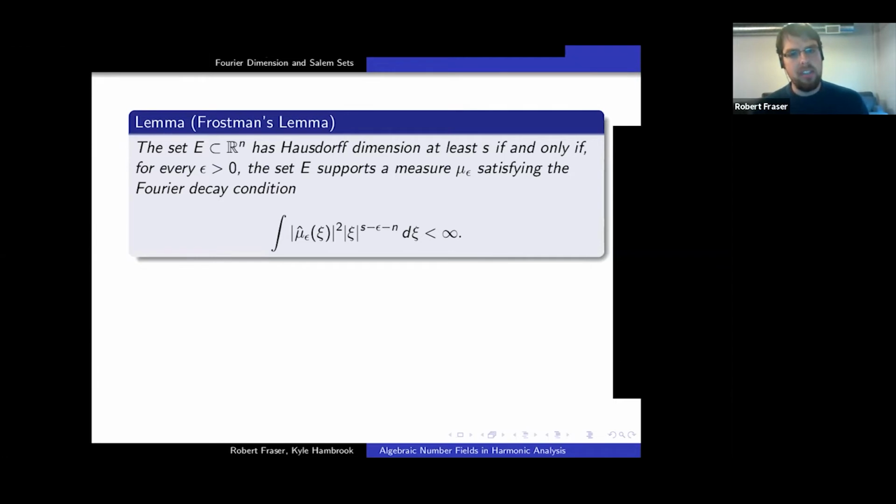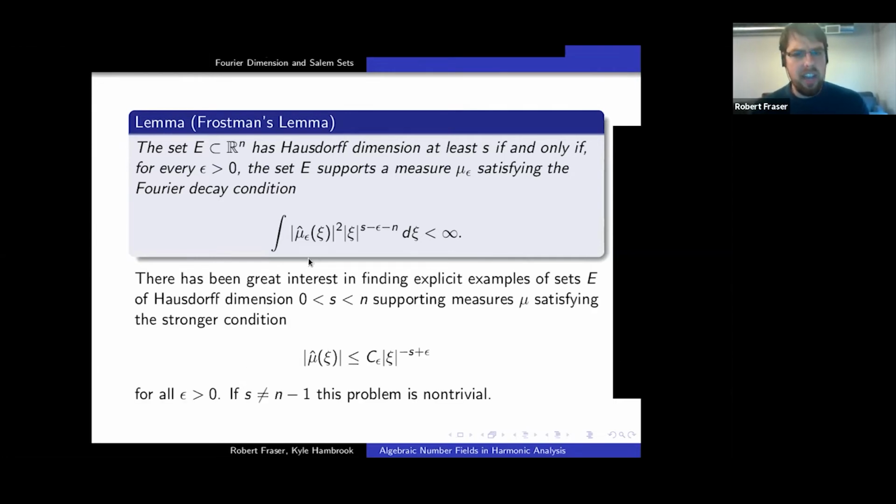And if you replace this average Fourier decay condition by a pointwise Fourier decay condition, then you get the Fourier dimension. I didn't write the term Fourier dimension, but this is exactly the condition corresponding to the Fourier dimension that Malabika introduced earlier.